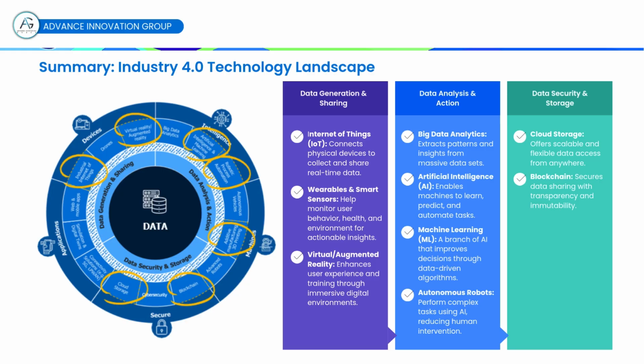Finally, data security and storage is ensured through cloud storage, which enables scalable access to data, and blockchain, offering secure, tamper-proof data sharing. Together, these technologies drive smarter decisions, increased automation, and enhanced productivity across industries.